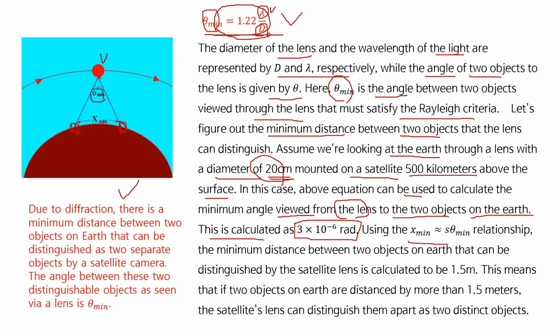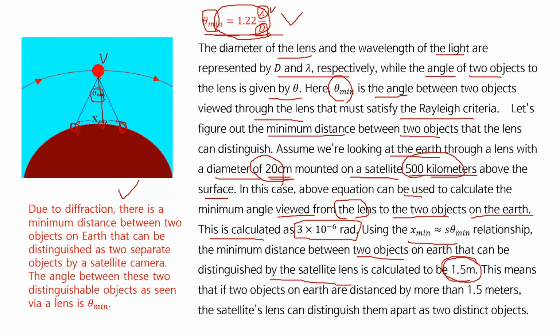Using this relation, x minimum equals theta minimum times s. S is the distance between the satellite and the object, so 500 kilometers. So the minimum distance between two objects on Earth that can be distinguished by the satellite lens is calculated to be 1.5 meters.